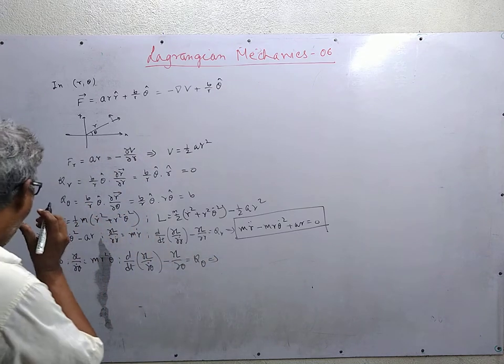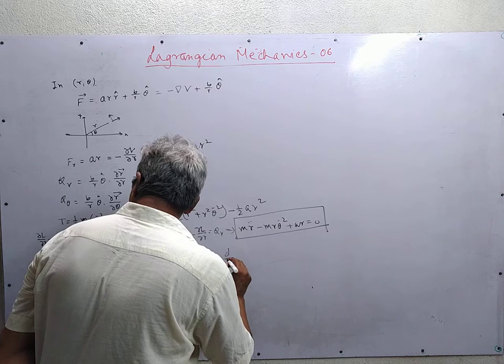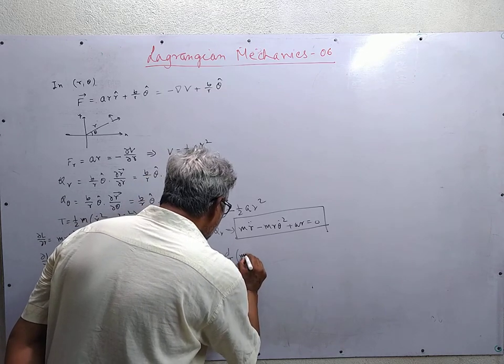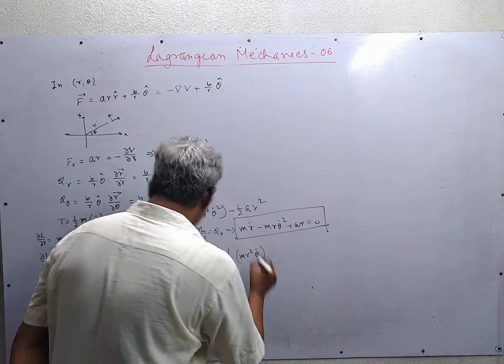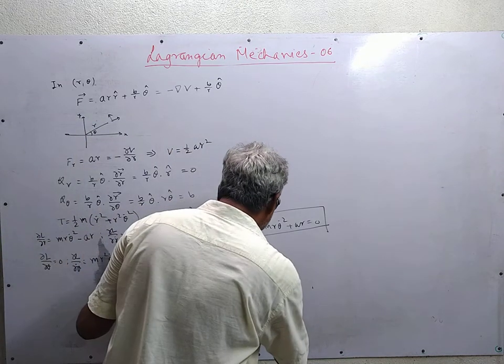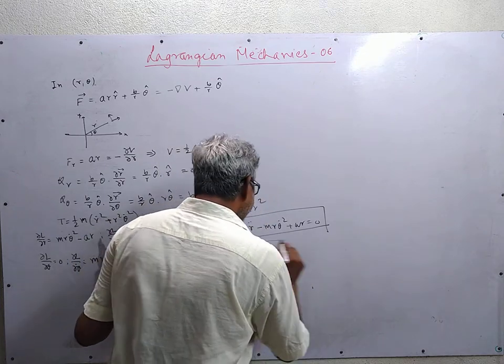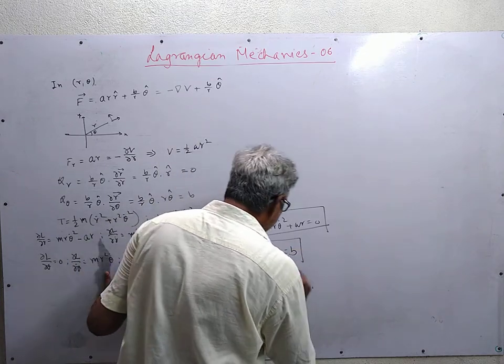This gives you d/dt of m r square theta dot minus 0 is equal to B. This is the transverse component of the equation.